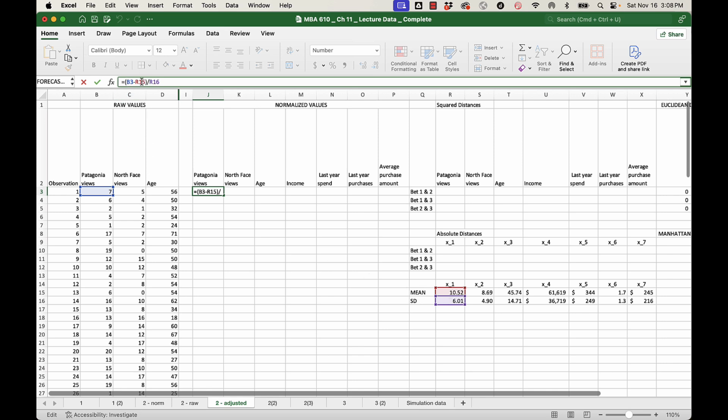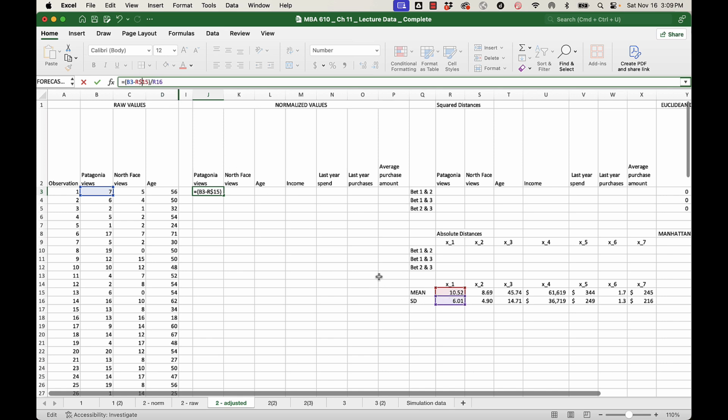So to always be subtracting Patagonia's mean from the Patagonia views, and then to be able to drag down, I want to put a $ sign so that what I reference stays in this cell but lets me drag it across. So I want a $ sign in front of the 15, but not in front of the R. And I'm just going to place it there.